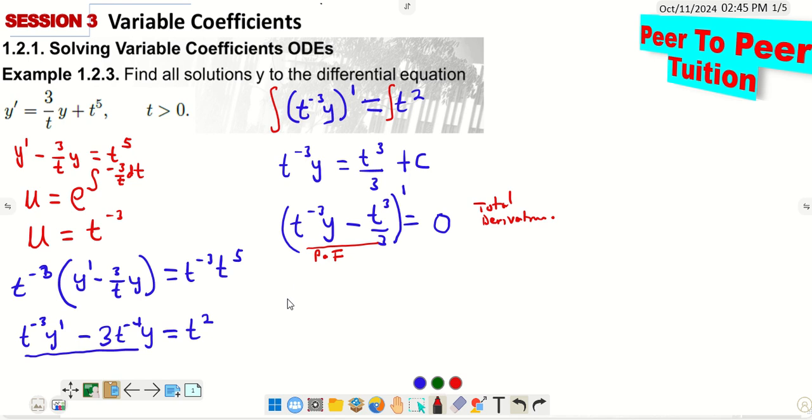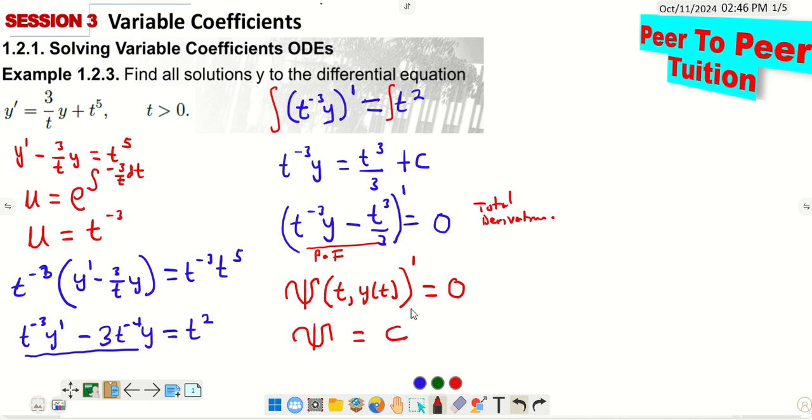So I can write it as a function of t and y of t, which is equal to 0 if I take its derivative. But if I don't take the derivative, then my potential function will be equal to a constant.